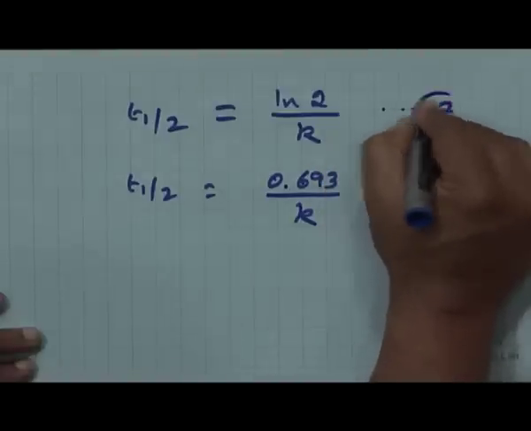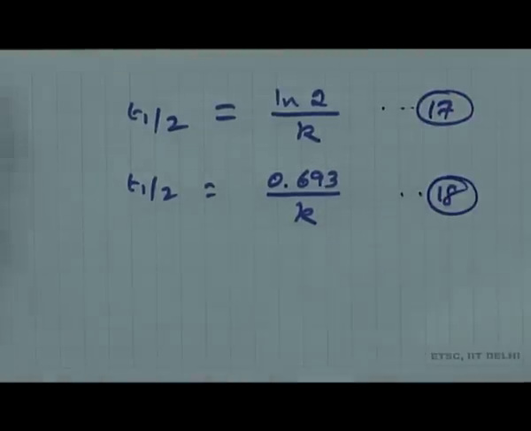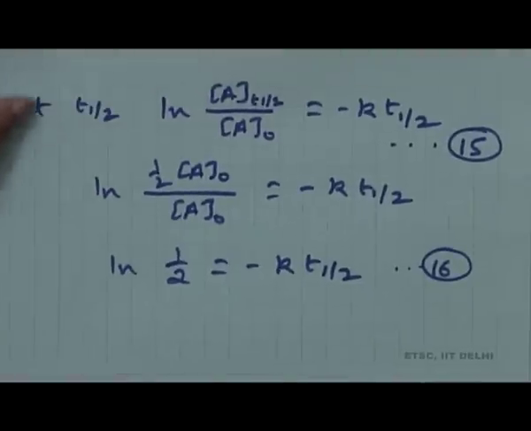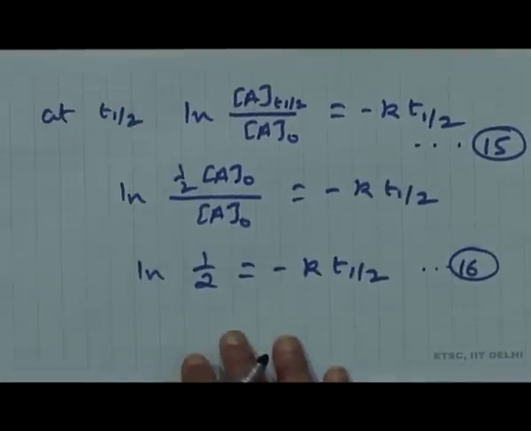So, this is 17, 18. So, this was the working equation for calculating T half.